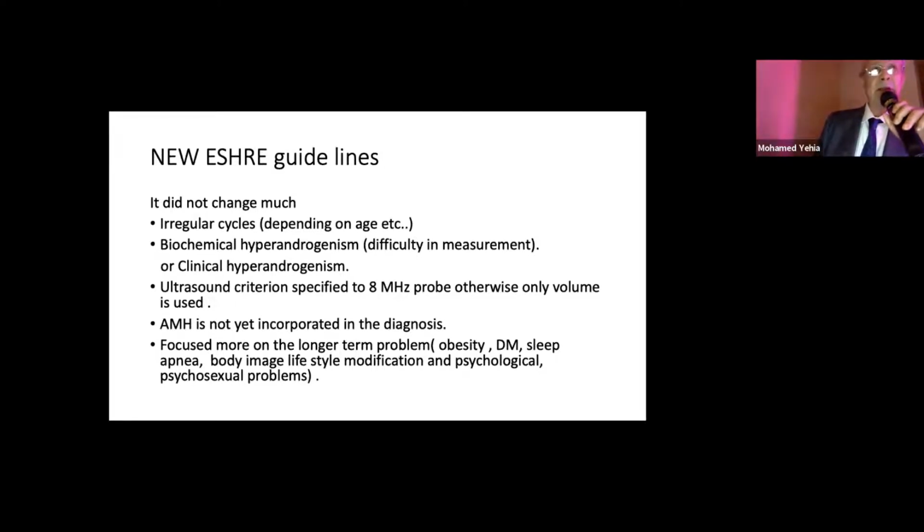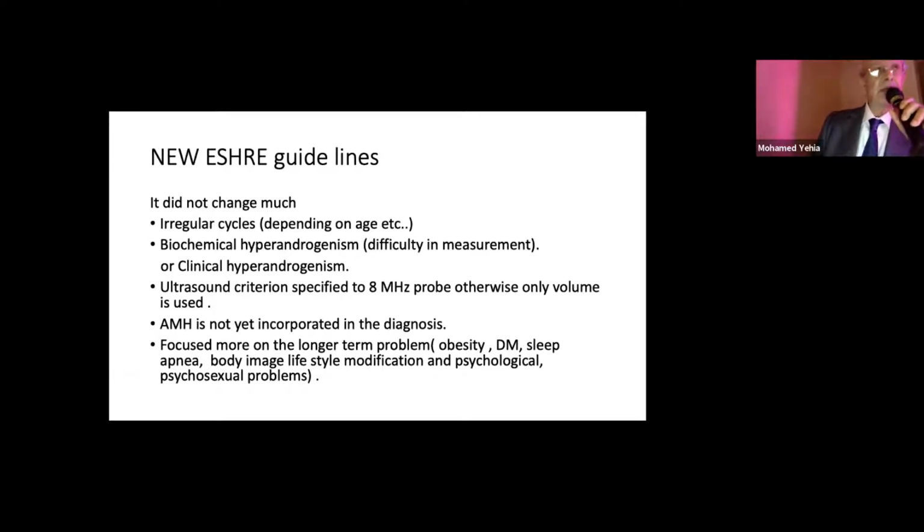The ultrasound criterion has changed, because now to diagnose polycystic ovary with ultrasound, you have to use an 8 megahertz vaginal probe. Otherwise, only the volume is the criterion.